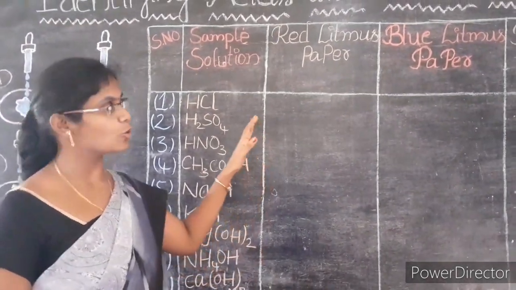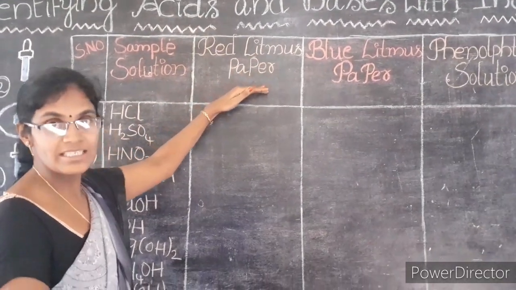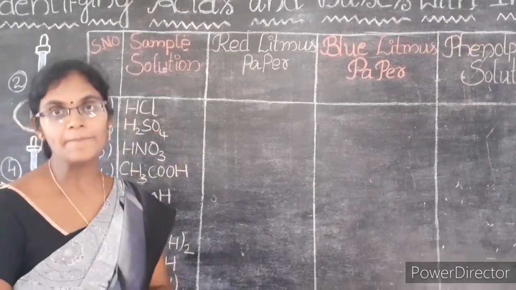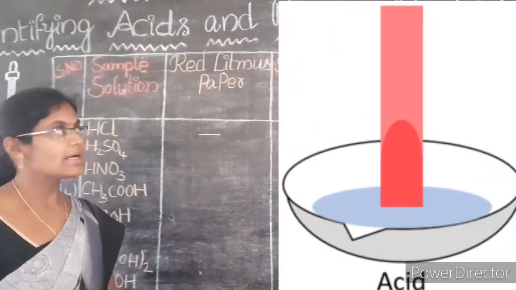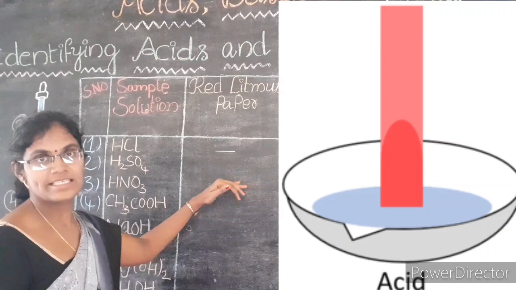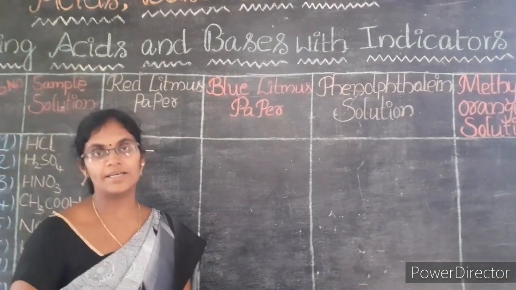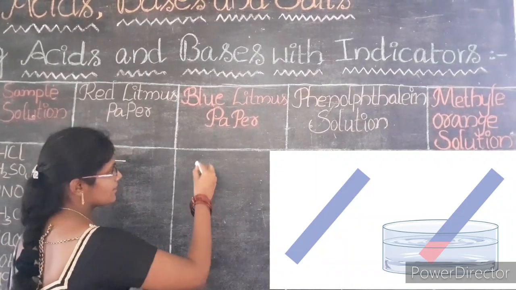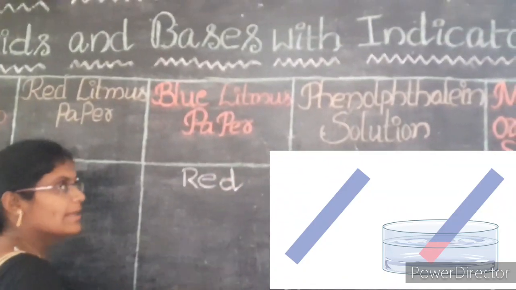HCl means hydrochloric acid. How does the red litmus paper change its color with HCl? Yes, no change. Red litmus doesn't change its color. Next, how does the blue litmus paper change its color? The blue litmus paper changes its color to red.